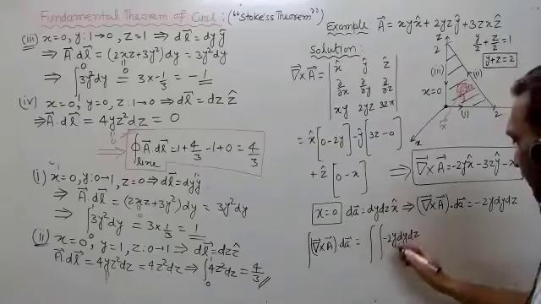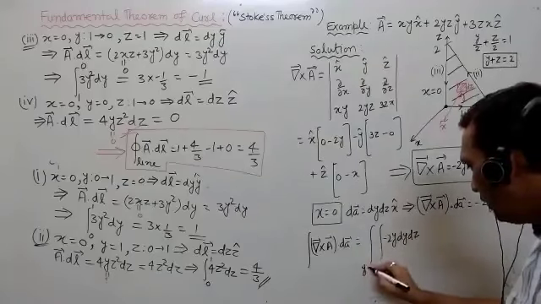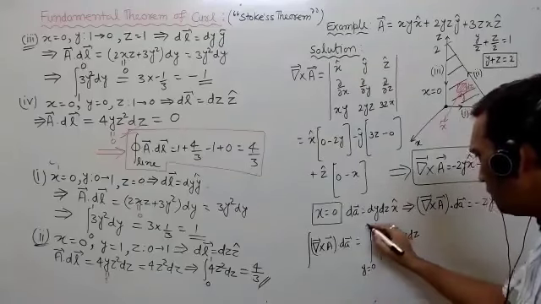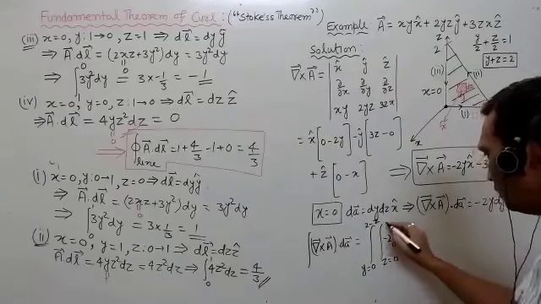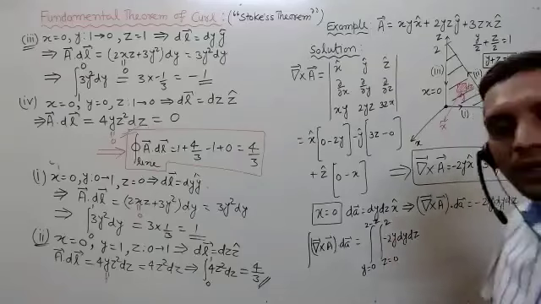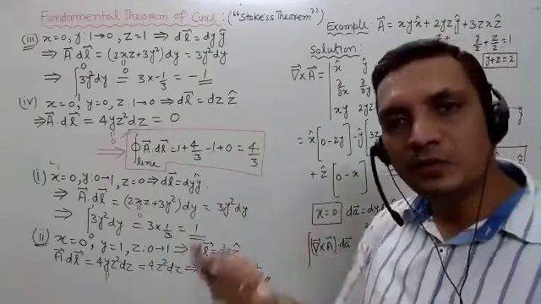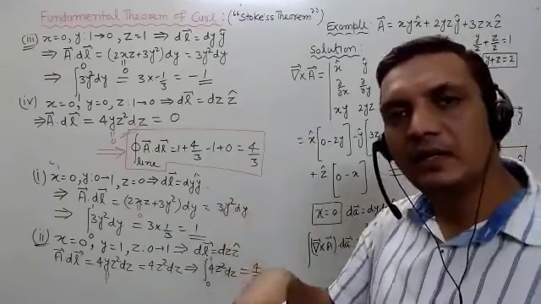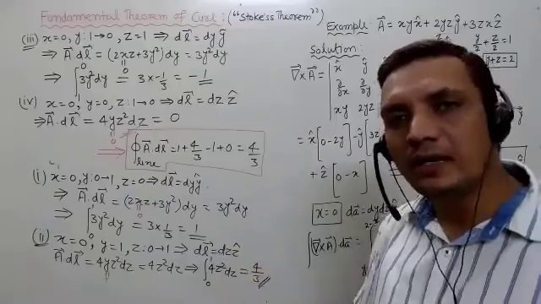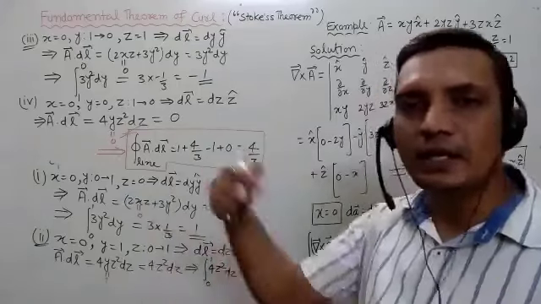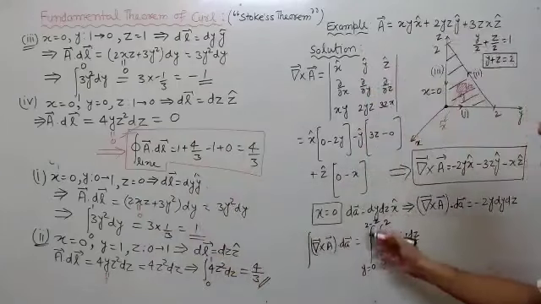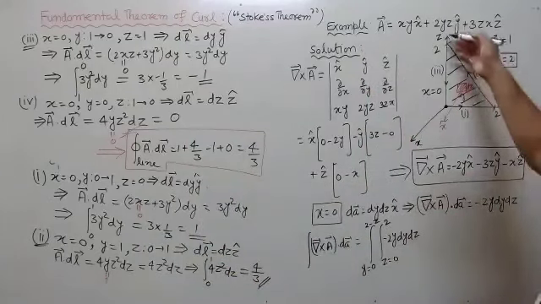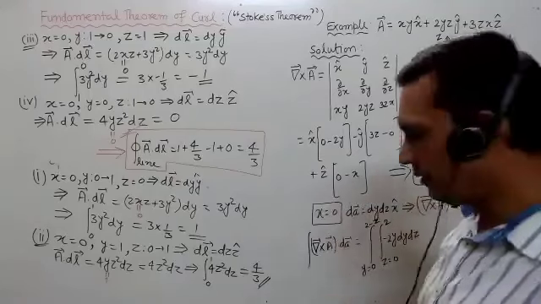So let us convert y into z. So y varies from 0 to 2 minus z, and then z varies from 0 to 2. You have to convert the limit of y in terms of z and then integrate in terms of z. Or you can first convert in terms of y, then integrate with respect to y. You can take both ways, because y and z are dependent. So you have to remember this point.